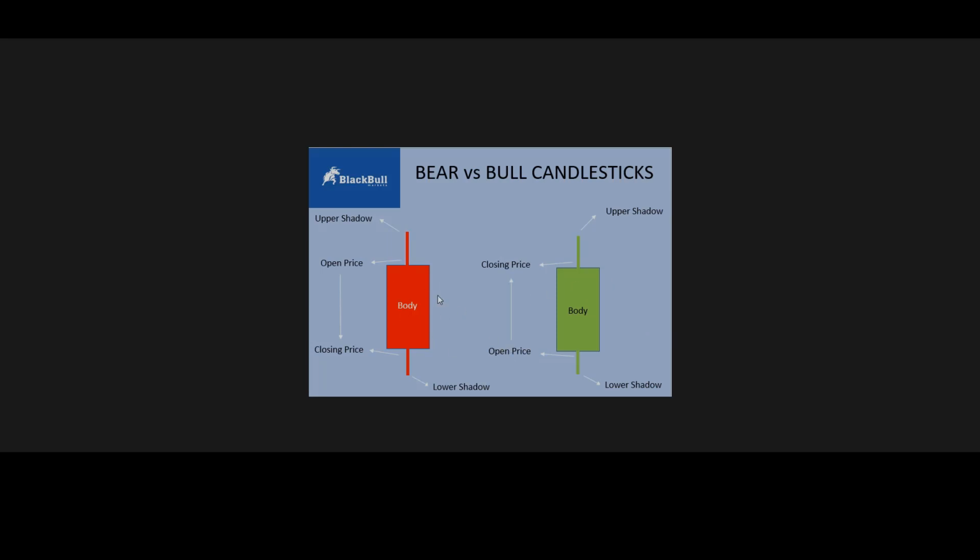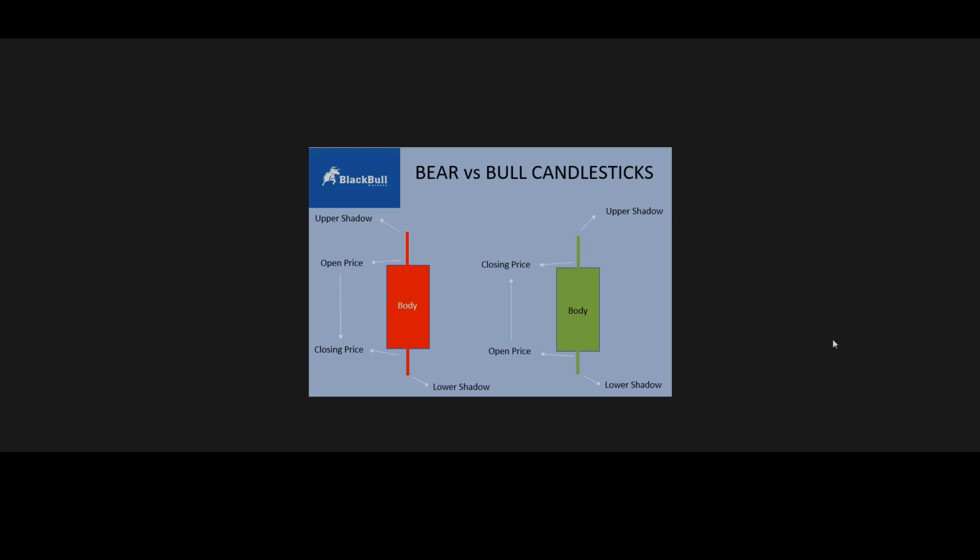The bear candle opens higher than the close, indicating in the last 4 hours there was more selling than buying, and the lead currency has depreciated against the other during that time. The bull candle closes higher than the open, indicating in the last 4 hours there was more buying than selling, and the lead currency has appreciated against the other during that time.